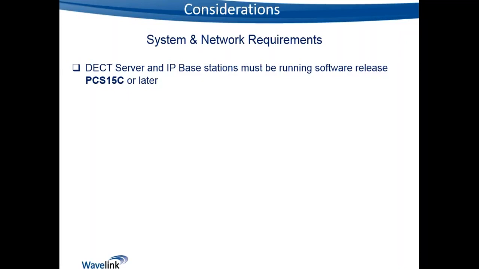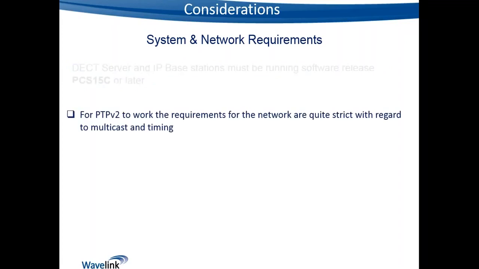If you have an older version running, all you need to do is go to the Spectralink support site and download and update your systems to 15C. That's both the bases and the DECT server. We also need to have the license. This is a license-based feature. A LAN synchronization license needs to be on the system to support this, and we'll talk a little bit about that in a few slides' time as well.